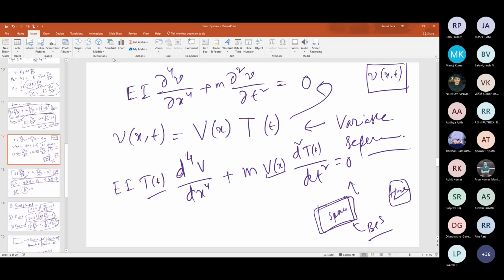There can be problems like a cantilever beam, one end fixed, other end free, then a simply supported beam, then a free beam also. Those different boundary conditions come into the picture, and you have to apply them in the eigenvalue problem and solve the ensuing characteristic equation.